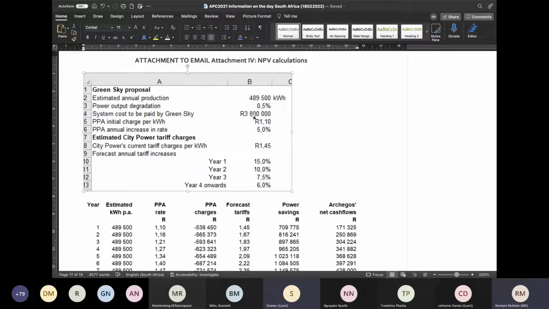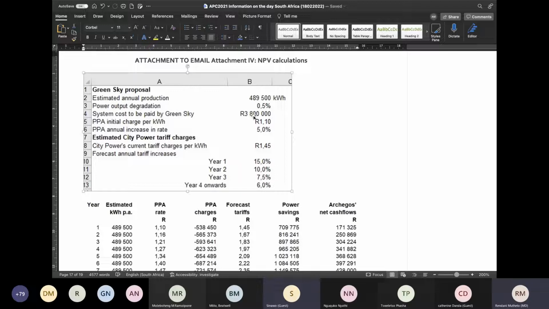This is how it works. These solar panels wear out each and every year, and this is how it works in practice: they've got what they call a degradation.